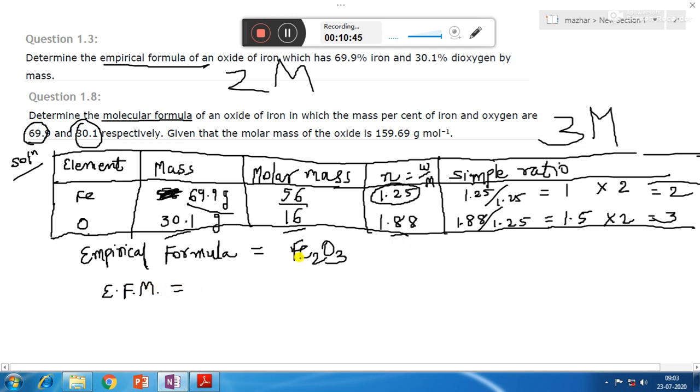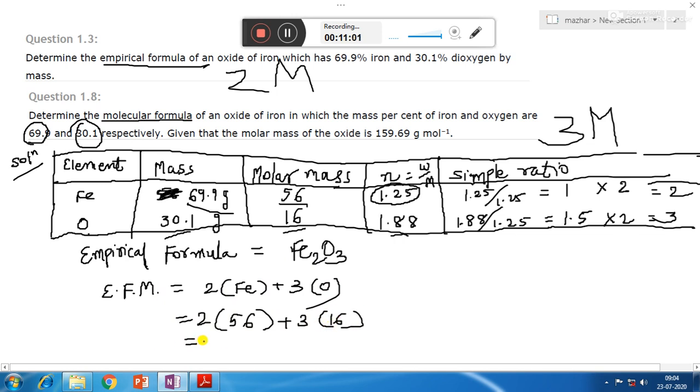Empirical formula is Fe2O3, so 2 times Fe plus 3 times O. That is 2 times atomic mass of Fe 56 plus 3 times atomic mass of oxygen 16. So that is 112 plus 48, which is equal to 160 gram.